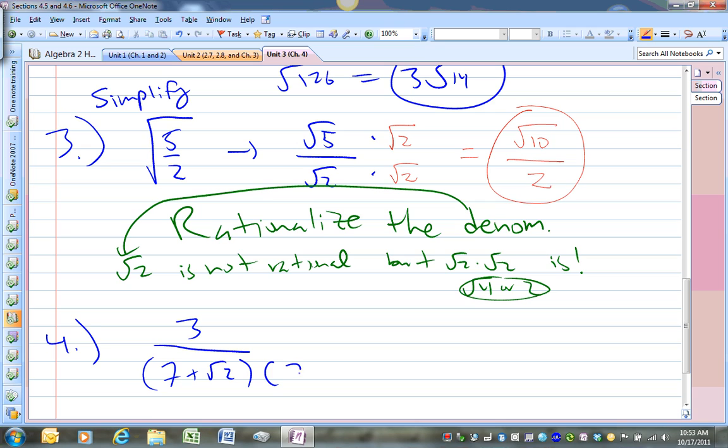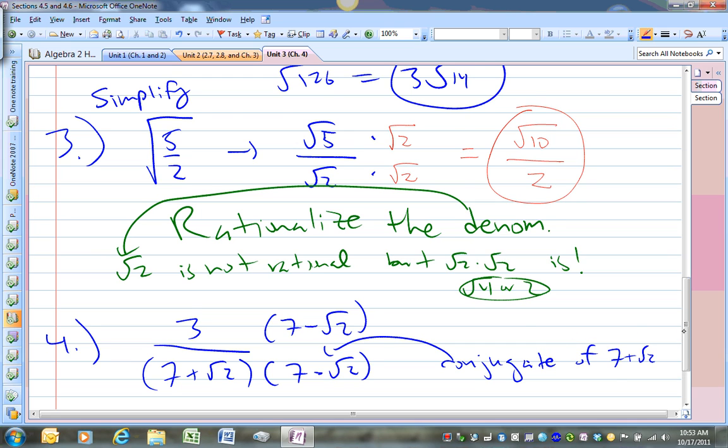Number 4 is going to be a little bit different though. In this case, what you do is you multiply both top and bottom by 7 minus root 2. This is called the conjugate of 7 plus root 2.